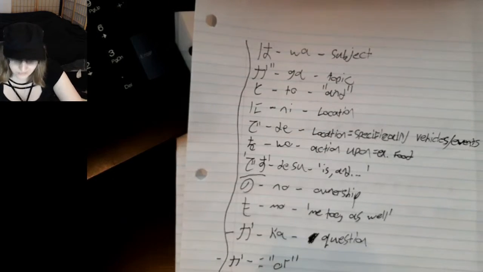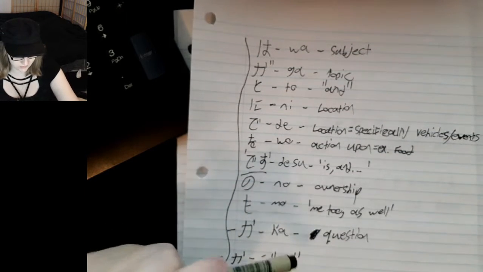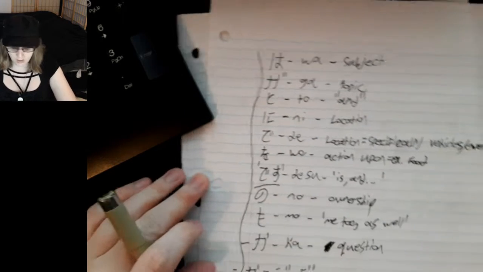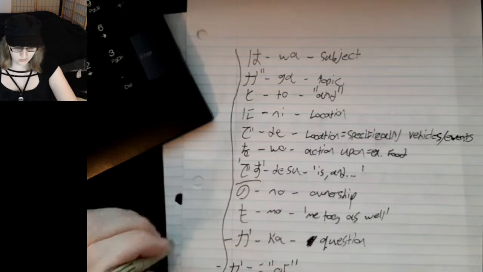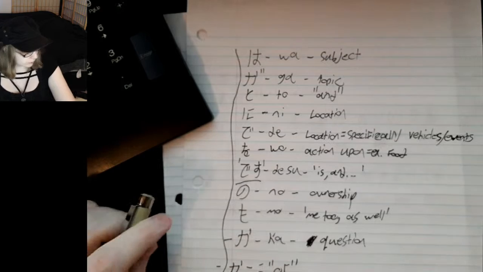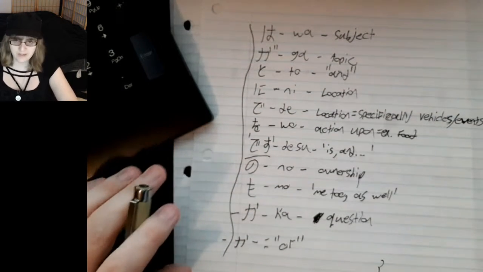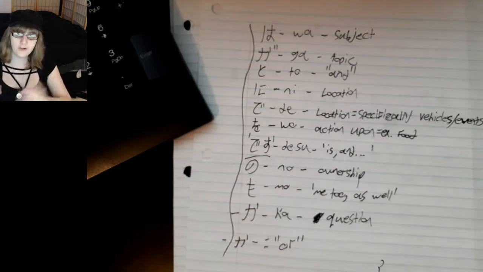And when used in the middle of a sentence, as I said before, it is used in the context of or. Nani nomimasu ka? What would you like to drink? If I said ocha ka juice, doshi mo ii desu, I'm saying tea or juice. Either is fine.